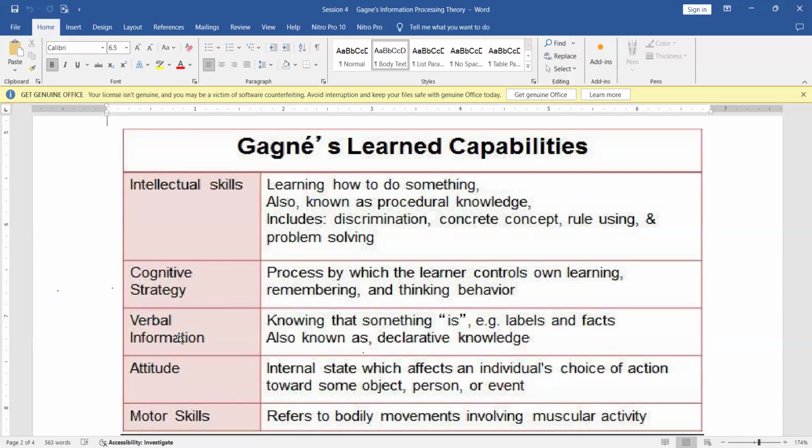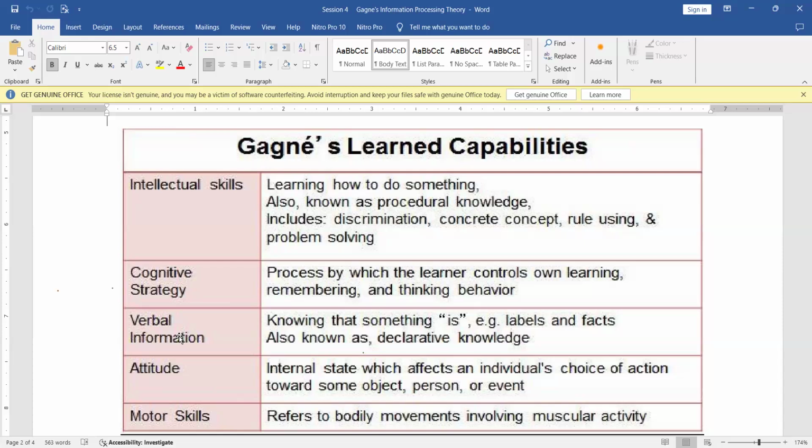So this cognitive domain of Gagne and cognitive domain of Bloom's, they slightly differ. Bloom's having 6 levels, and Gagne doesn't talk about 6 levels, but 3 areas of cognitive domain: verbal information, cognitive strategy, and intellectual skills. And along with that, the attitude and affective domain, skills or psychomotor domain also should be developed.